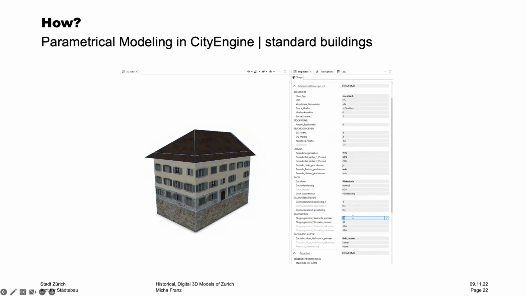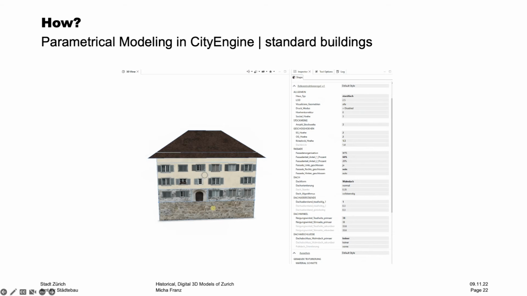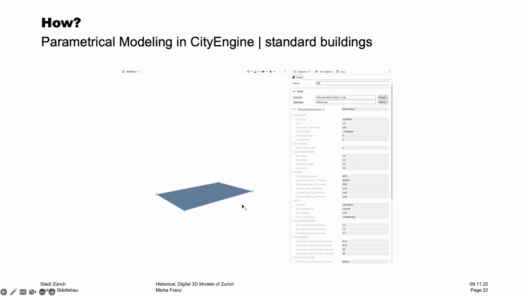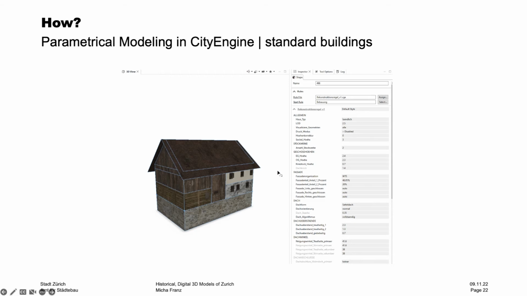And following this approach, we can also let someone from the archaeology adjust these settings by themselves without having any prior knowledge about CityEngine or 3D modeling in general, which is very efficient for us.